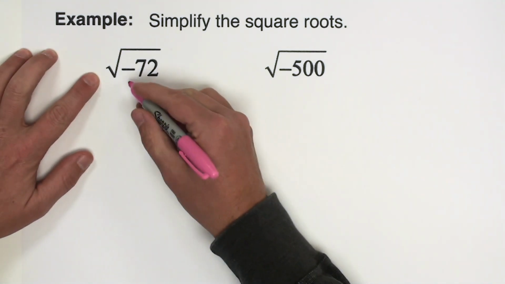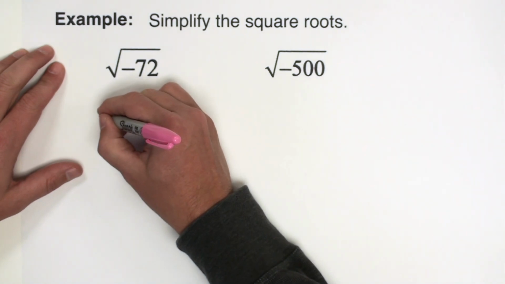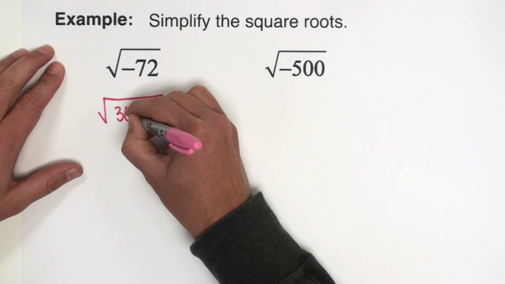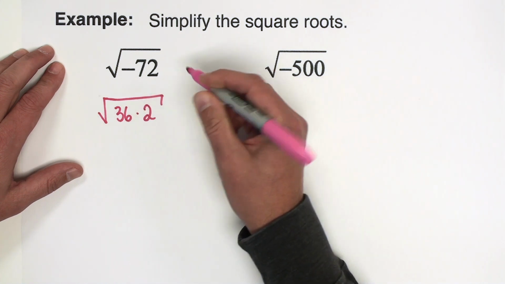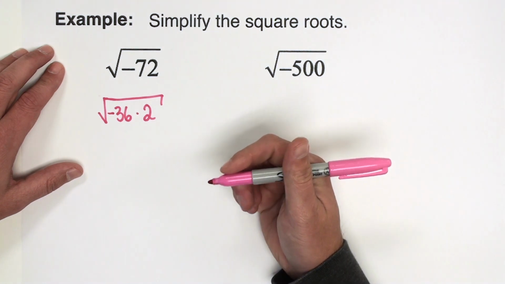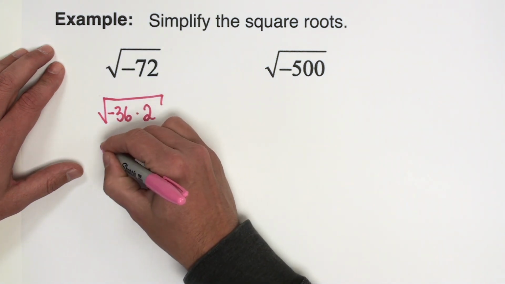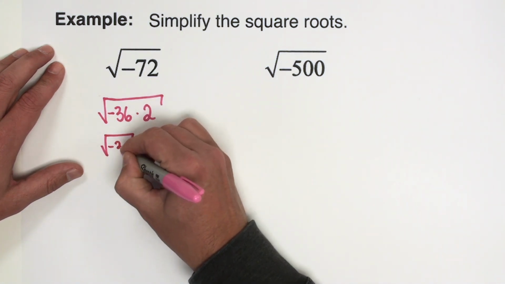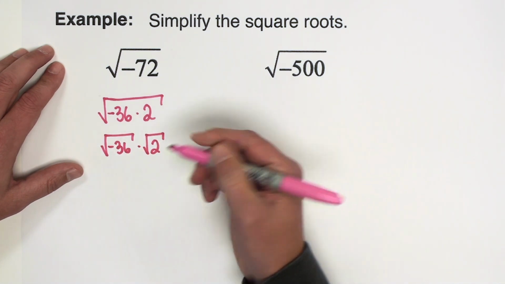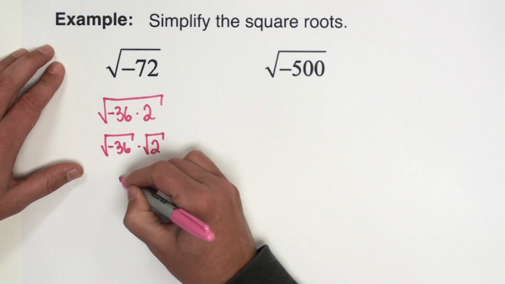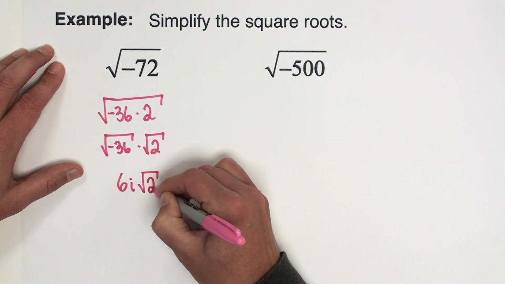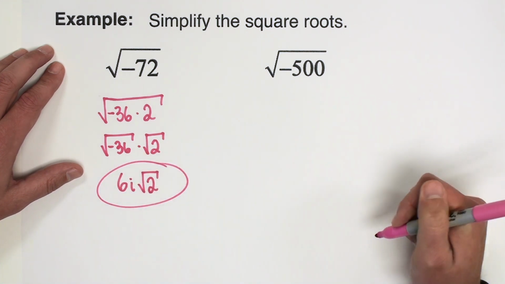I've got the square root of -72. So 72 is 36 times 2, and I'm going to put that negative on the 36. I'm going to put it on the perfect square. So now I've got -36 times 2. I have the square root of each of those. The square root of -36 is 6i, and the square root of 2 is left over.